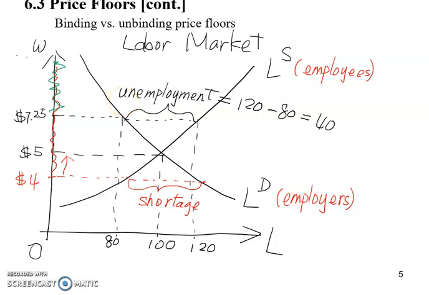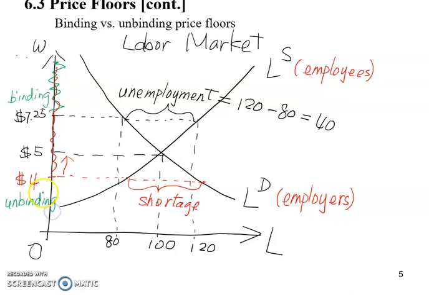So in this case, $7.25 is a binding case. It has a real effect upon labor supply and labor demand. But the $4 per hour is an unbinding case.